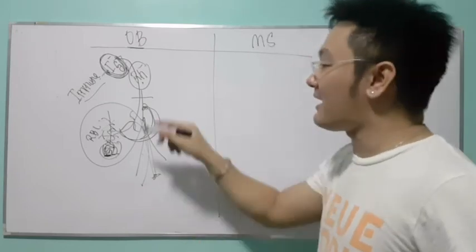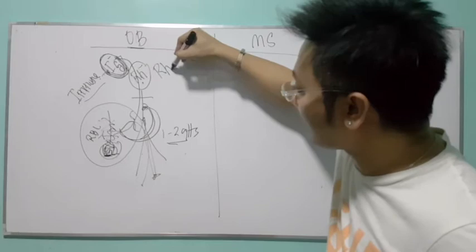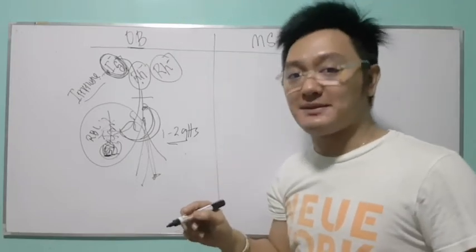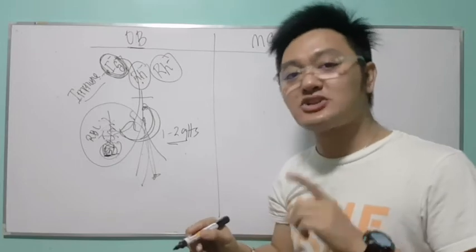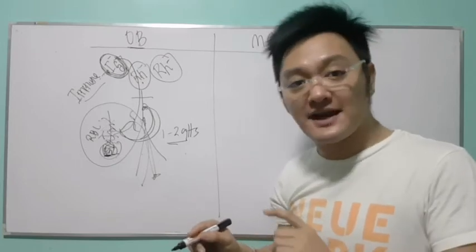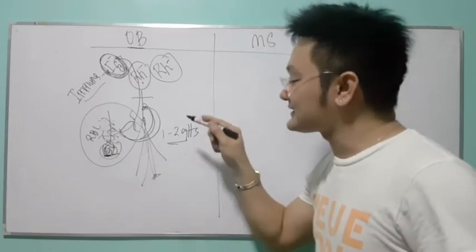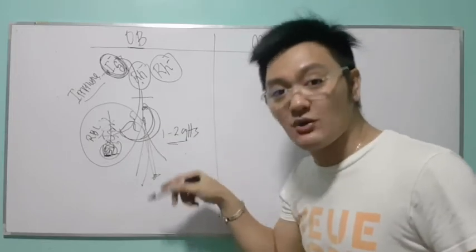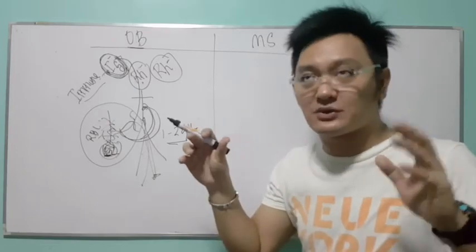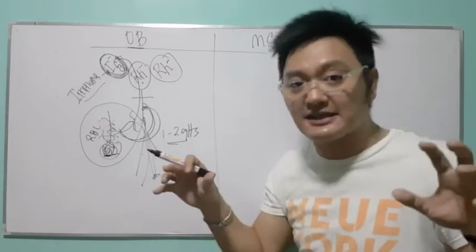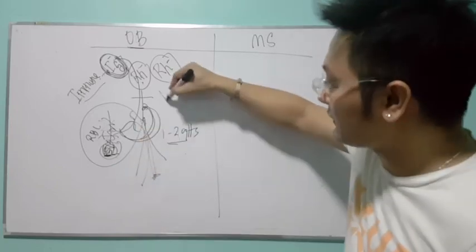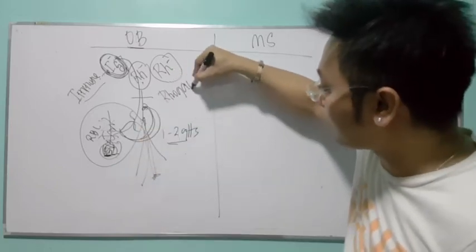Kaya nga, pag ang babae ay Rh negative, common ang Rh incompatibility. Therefore, what is your priority action as a nurse? On the first 72 hours after delivery, within 72 hours after delivery, there is a need for you to give ROGAM.